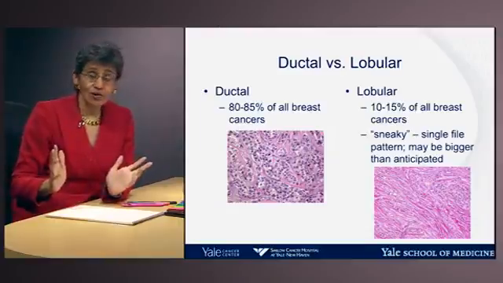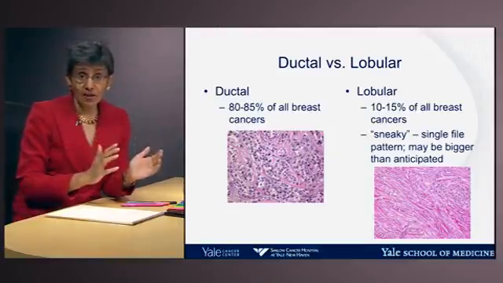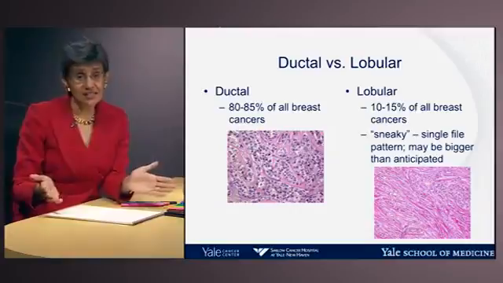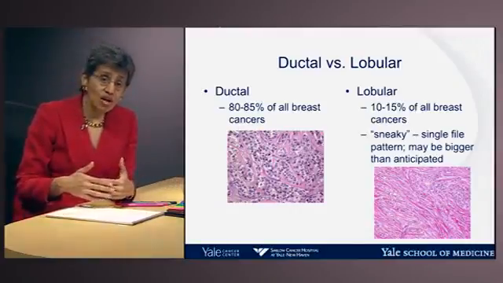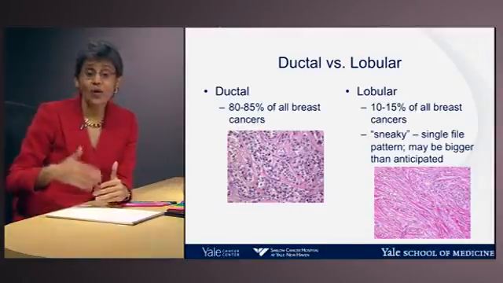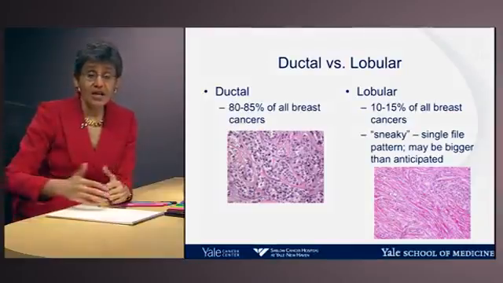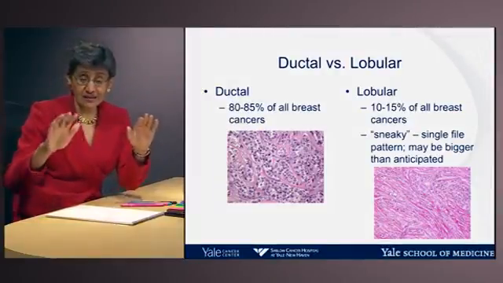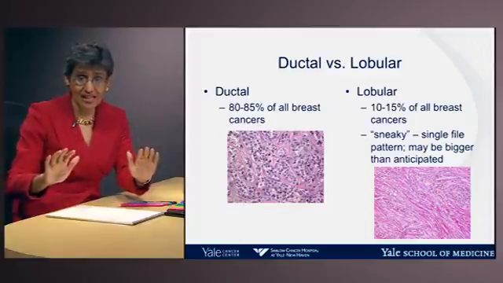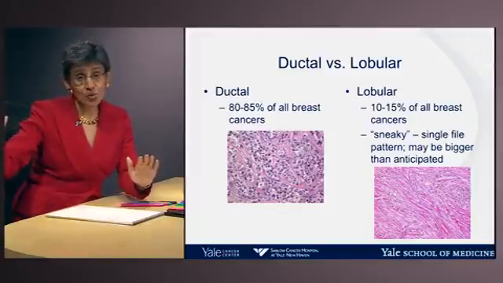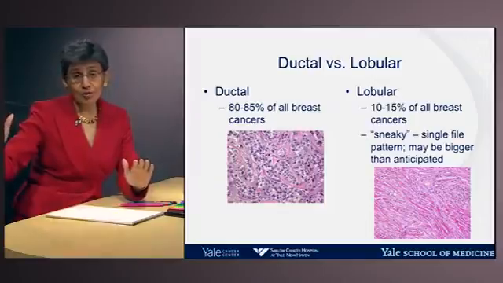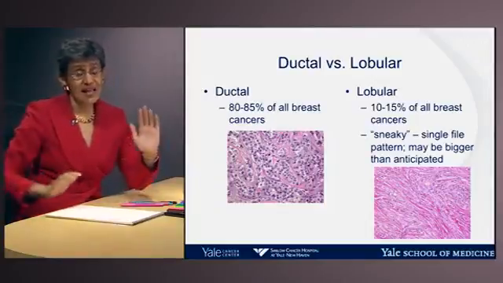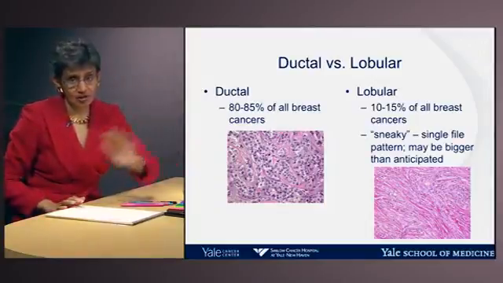Now, in general, ductal cancers and lobular cancers are treated exactly the same way. And their prognosis, that is to say, how well patients do when they have these cancers, is identical when controlled for stage. That is to say, a stage 1 ductal cancer will be treated and have the same prognosis as a stage 1 lobular cancer.